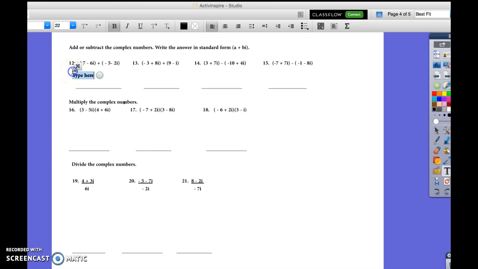And we could do it like this. I'm going to put in parentheses the 7. And there's a -5. I'll put those together. And I like to just put a plus and then put the imaginary parts together. Imaginary part from the first parentheses is -6i. And the imaginary part from the second parentheses is a -2i.